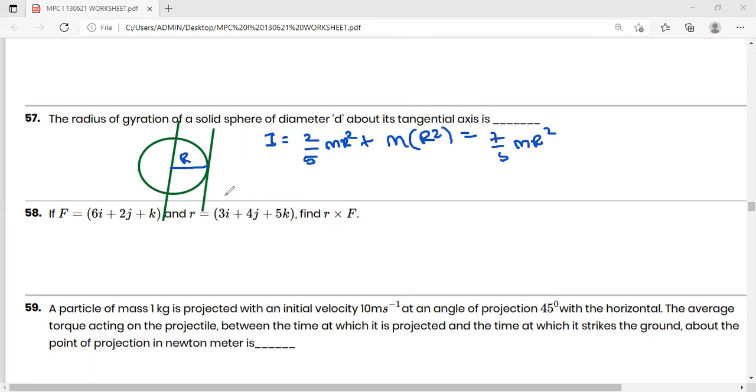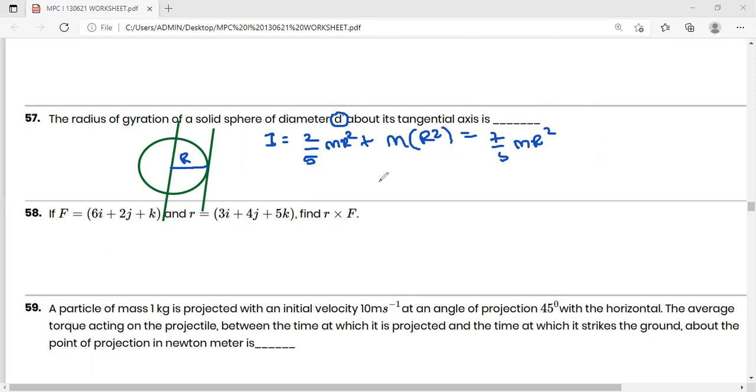But it was not given in terms of radius, it was given in terms of diameter. First of all, you had better write the radius of gyration in terms of r only.